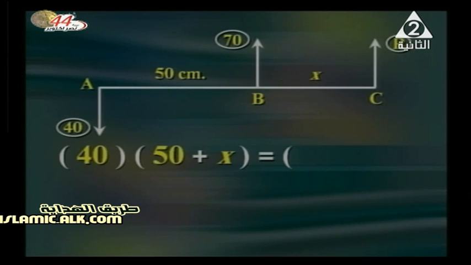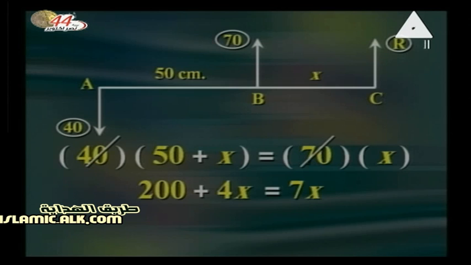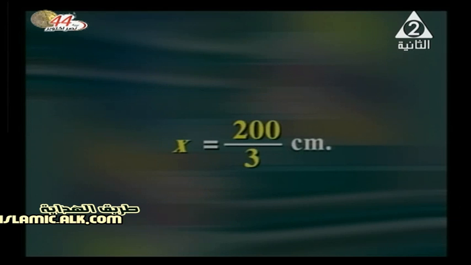By using the theorem of the moment, 40 times (50 plus x), moment about C, equals what? 70 times x. By dividing by 10, therefore 200 plus 4x equals 7x. What is the value of x? Then 3x equals 200, divided by 3, x equals 200 over 3 centimeter.